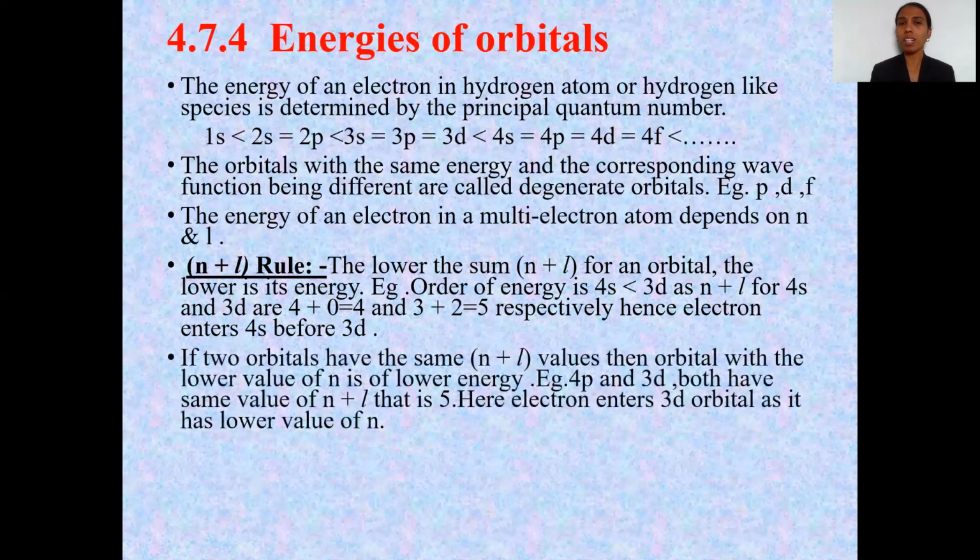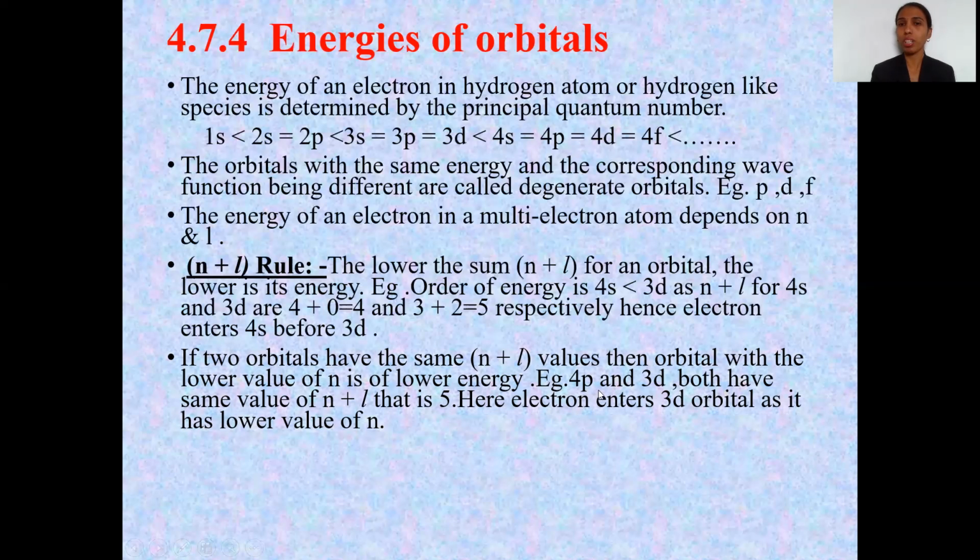Now, if two orbitals have the same n plus l value, आता समजा n plus l rule आपण apply करतोय, but in that suppose the n plus l value जर दोन orbitals साठी same आली, now what we can do? So if two orbitals have the same n plus l values, then the orbital with the lower value of n is of lower energy. ज्याची n value lower असेल त्याची energy काय असेल, lower असेल.